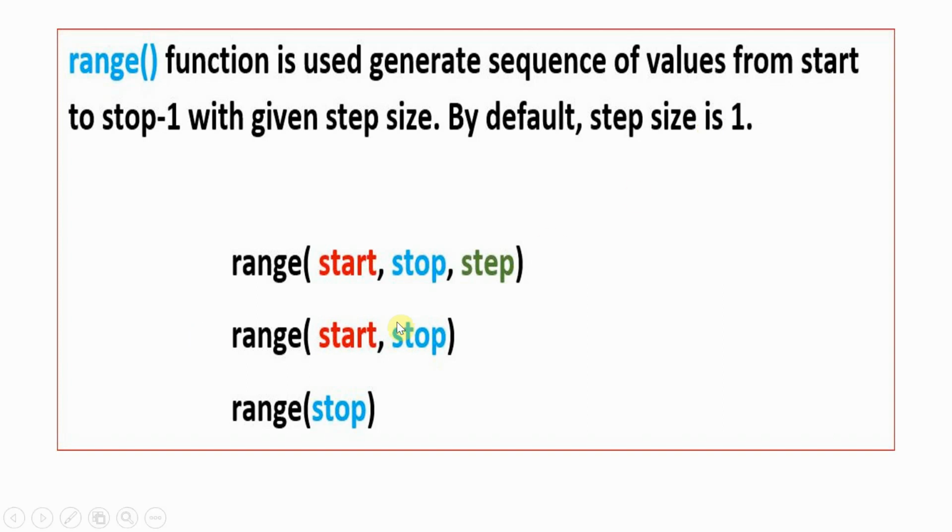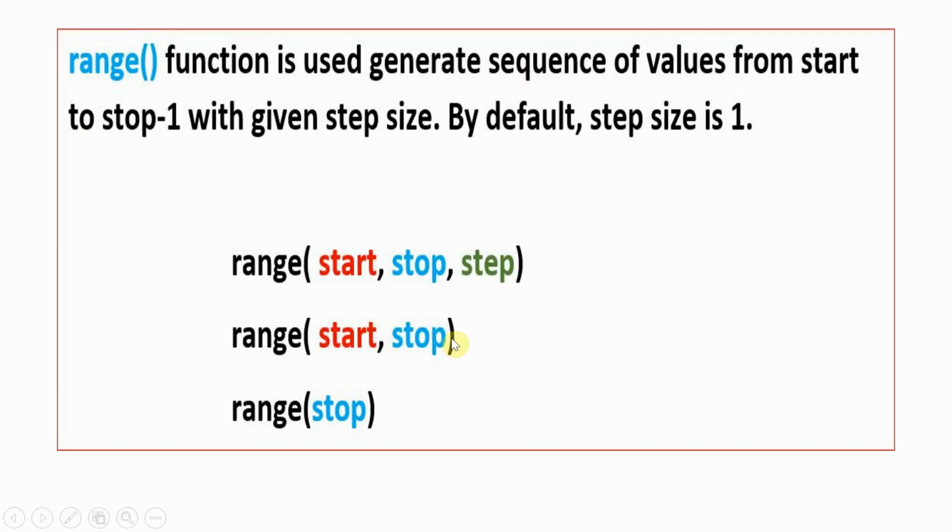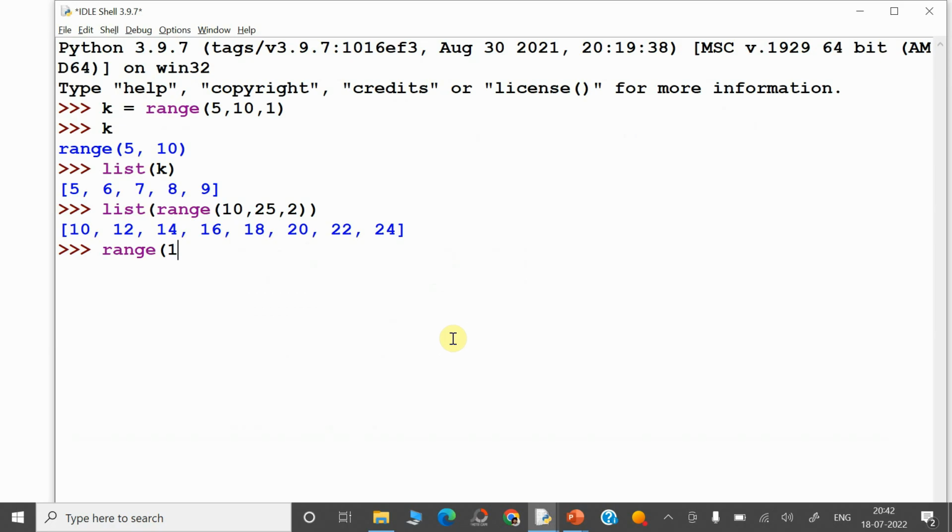In the second version you are not specifying the step. Meaning it always takes the step size as 1. Step 1 means continuous numbers 1, 2, 3, 4, like that sequence. So let's write an example. Now again write a range function. Here I am taking two values, start and stop. Start I have given 10, stop I have given 20.